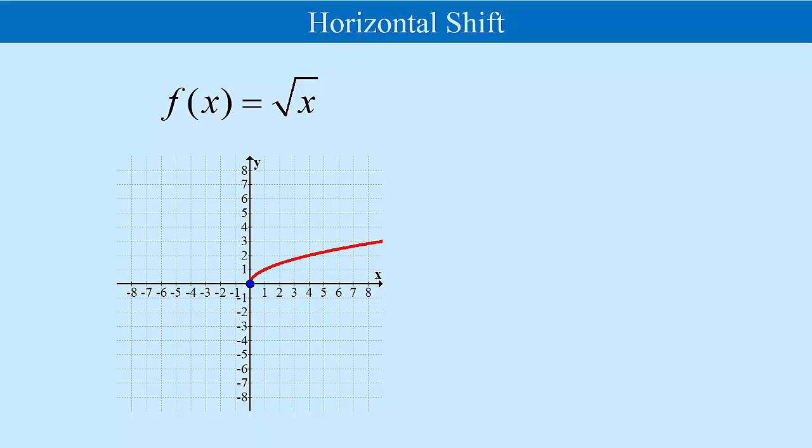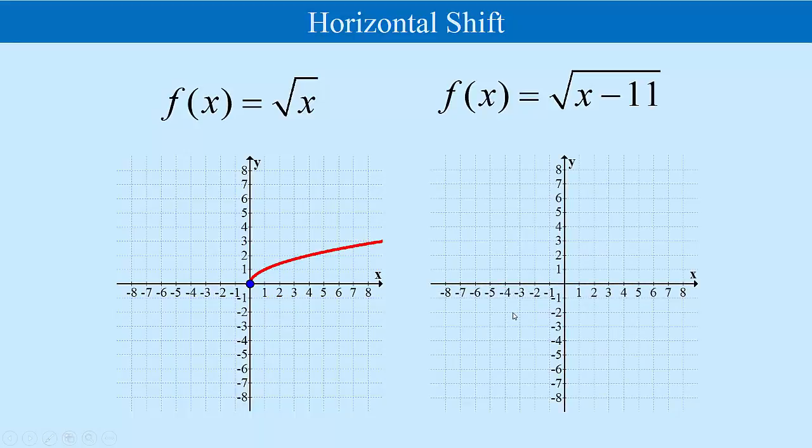Here's the square root of x. Here's the square root of x minus 11. Now, all the previous ones you could type on your calculator, hit the graph button, and everything would be fine, except for this one. You type it on your calculator, and this is what you will see. Nothing.